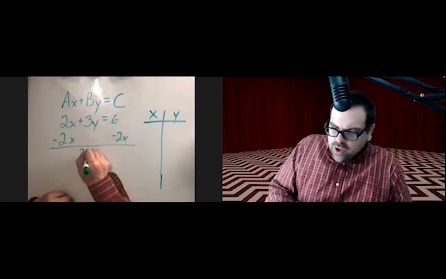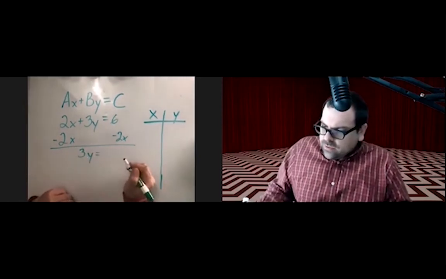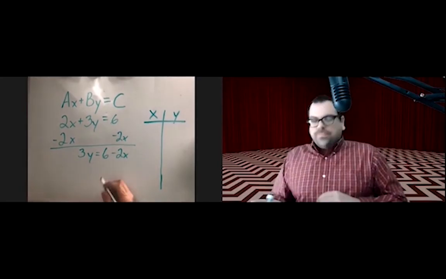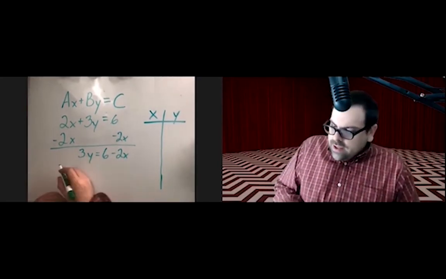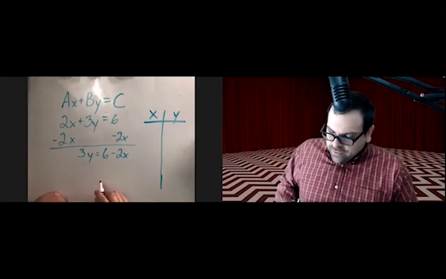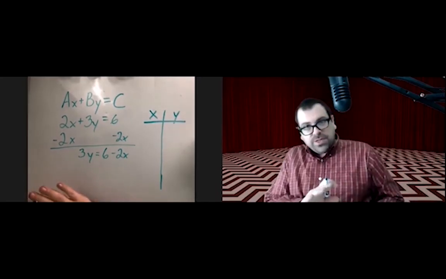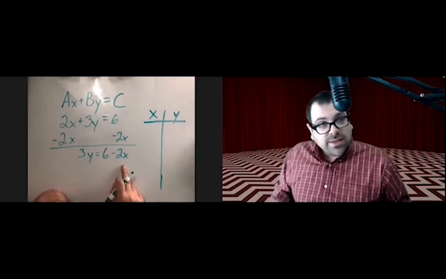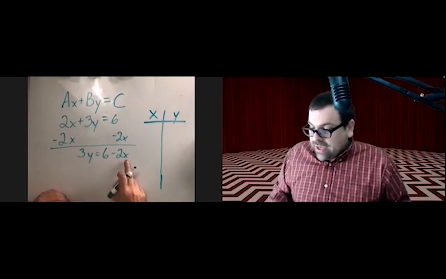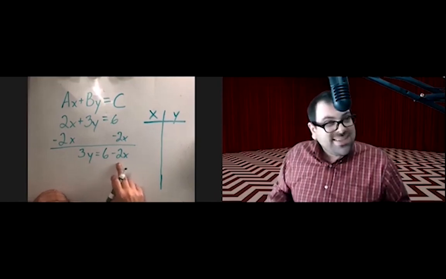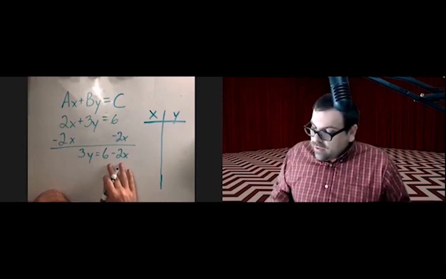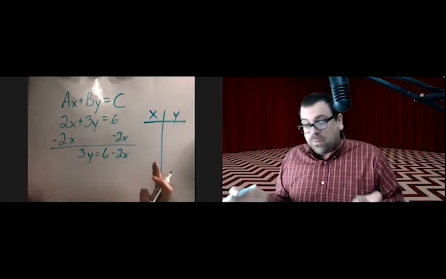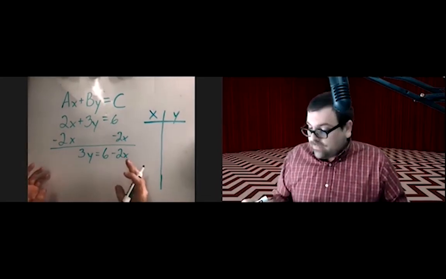This gives us 3y equals 6 minus 2x. Then dividing both sides by 3. Well, before we do this, let's get in the habit of doing something else. When we have something written like this with the x term second, let's go ahead and use our properties of addition, where we can add terms in any order.